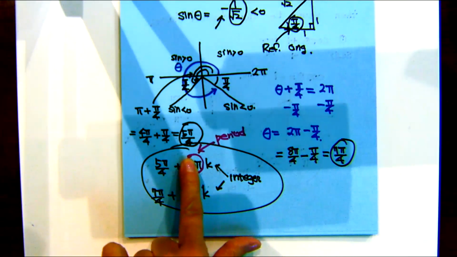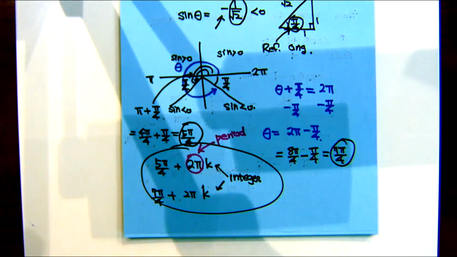So instead of adding 2 pi, we will add pi k. Yeah. 8 pi minus pi, 7 pi. Any other question?